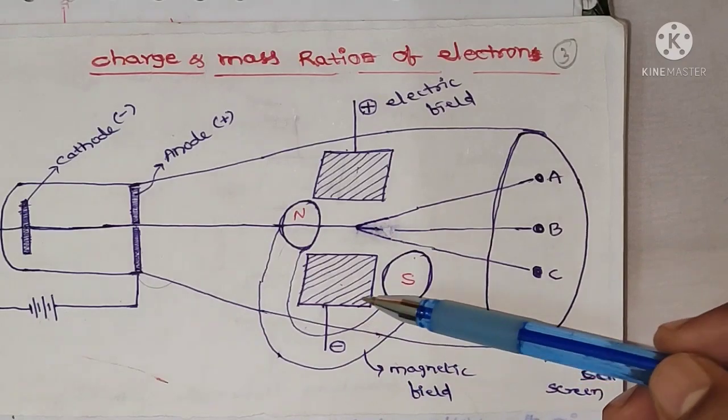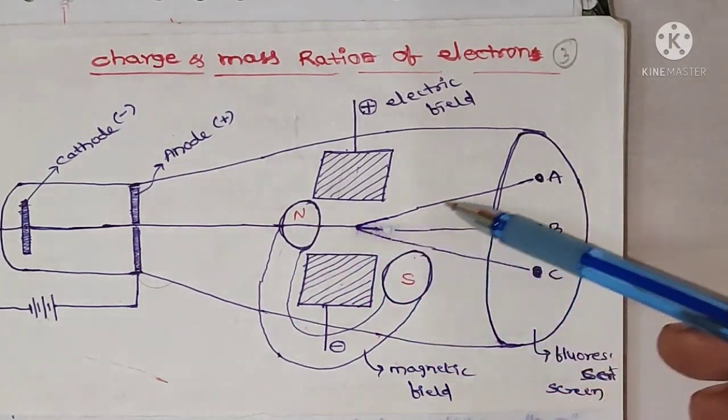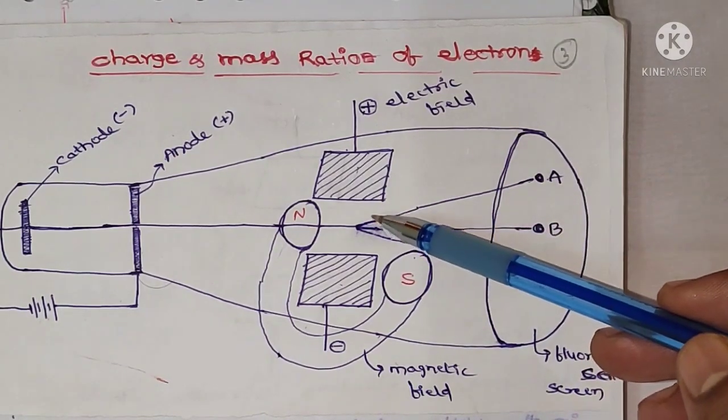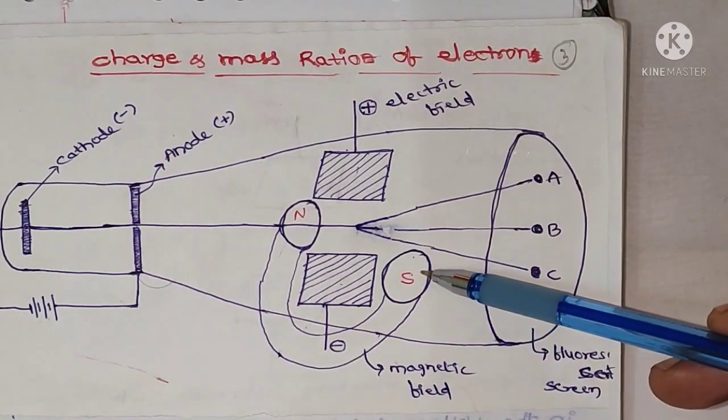And he observed that the particles deviate from their path in the presence of electric field and magnetic field.